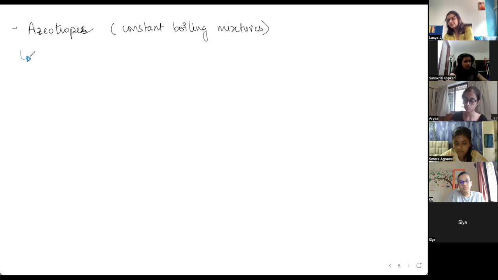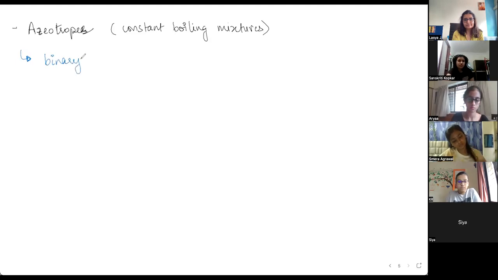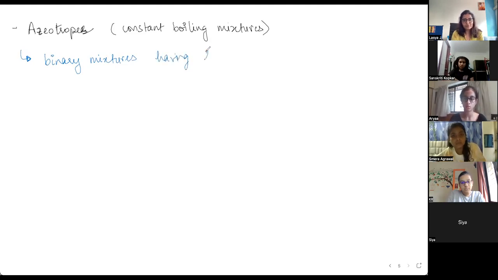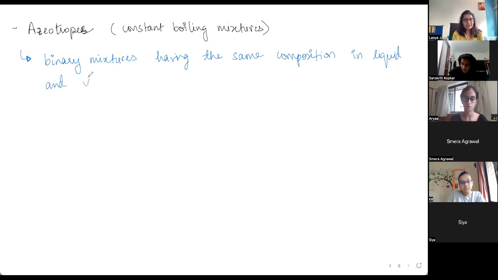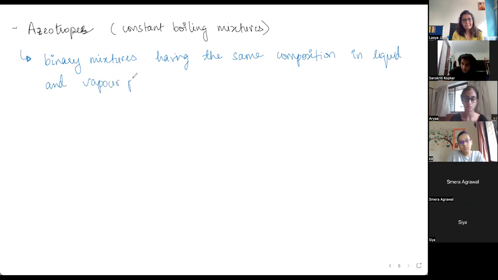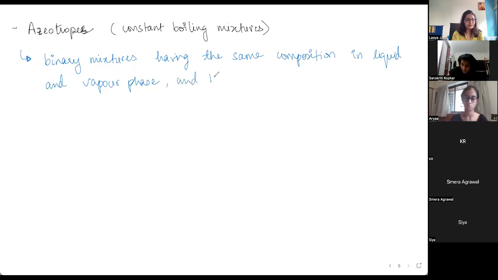The definition says they are binary mixtures having the same composition in liquid and vapor phase and boil at constant temperature.